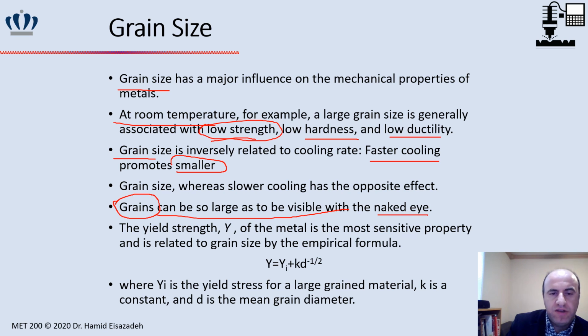The yield strength, which is, as I said before, a mechanical property of material, can be obtained by a formula that is a function of initial yield strength and the grain diameter. The grain diameter is D here, and K is a constant, which is dependent on the material.